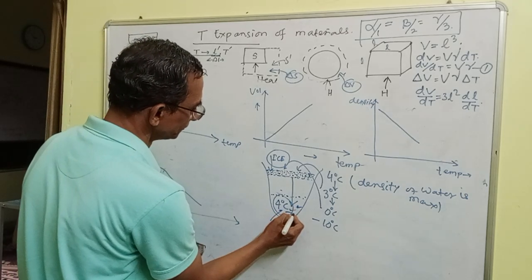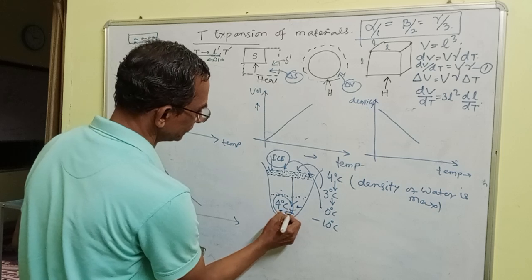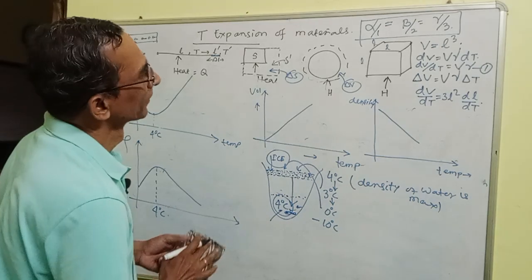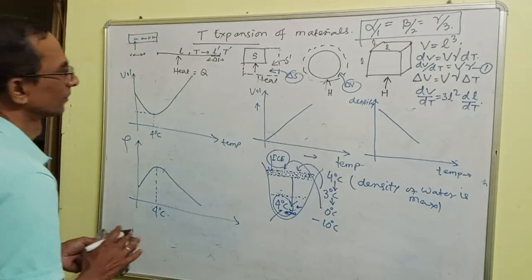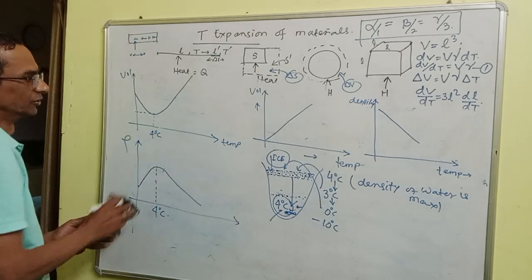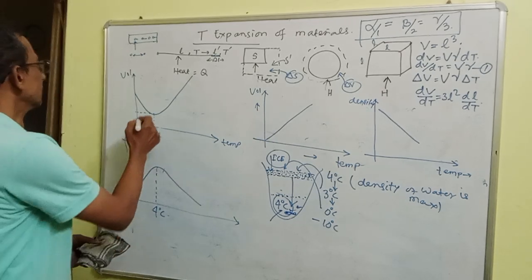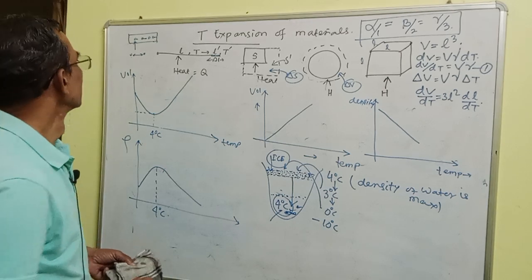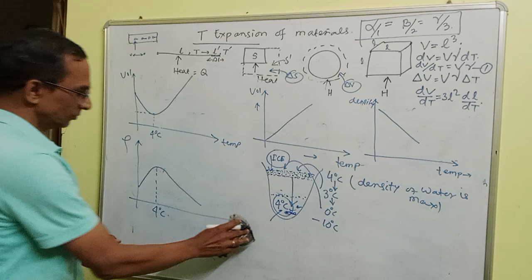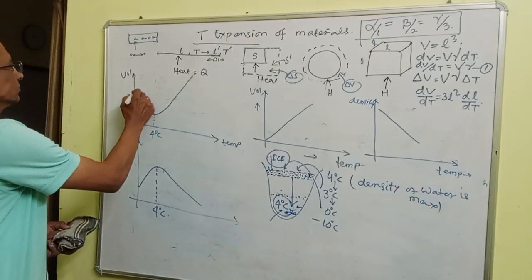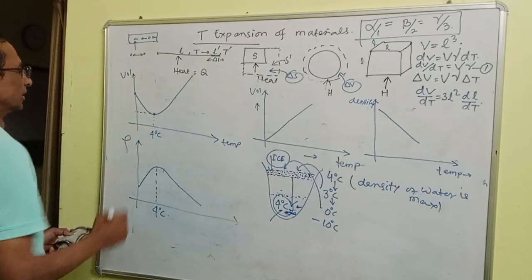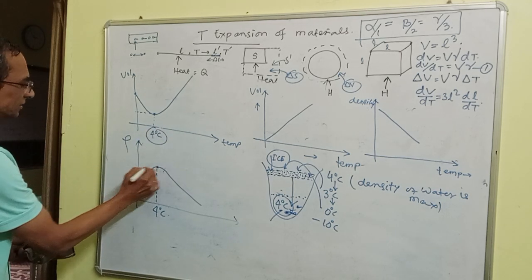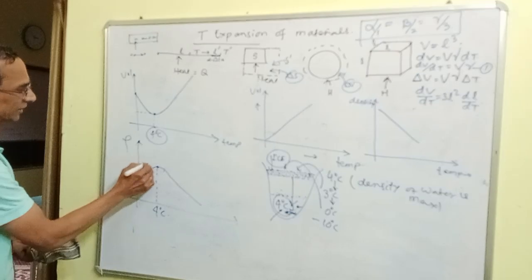They can move and live easily. Hence, we say there is an anomaly in the case of water, that volume becomes lowest at 4 degrees centigrade and its density is maximum at 4 degrees centigrade.